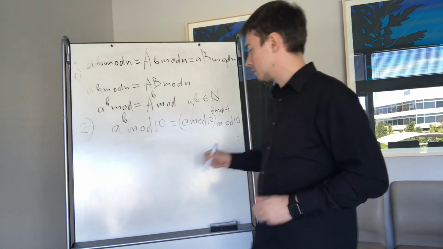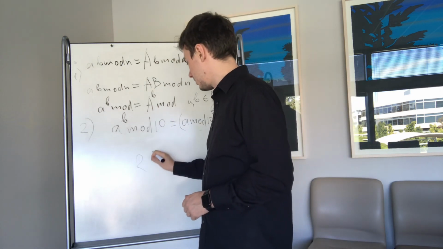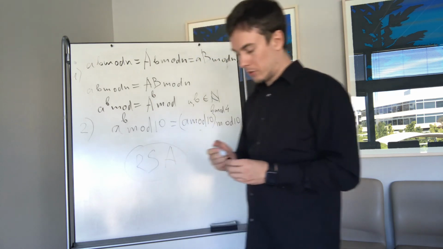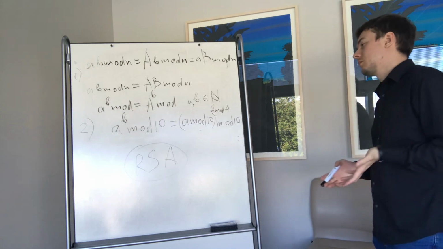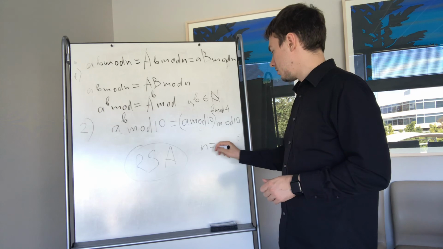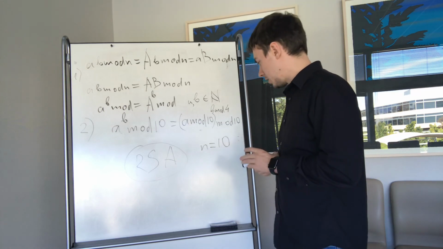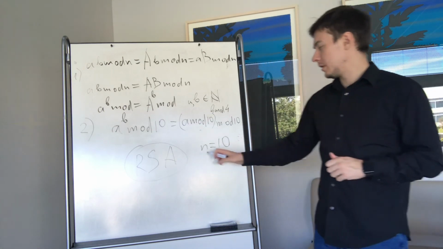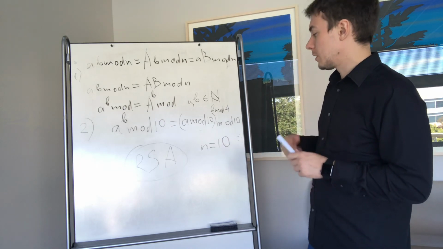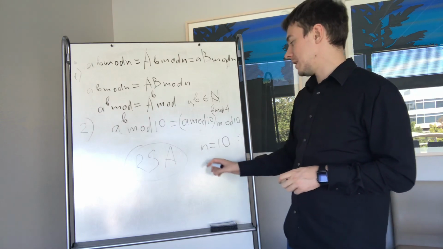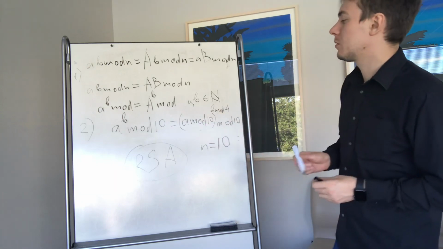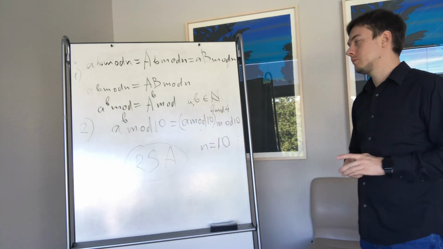So, as I mentioned above, RSA is really easy to understand and to prove if we use N equals 10. Why did I use N equals 10? Because in our usual life we use the decimal numeric system. That's why this proof was easy to understand.